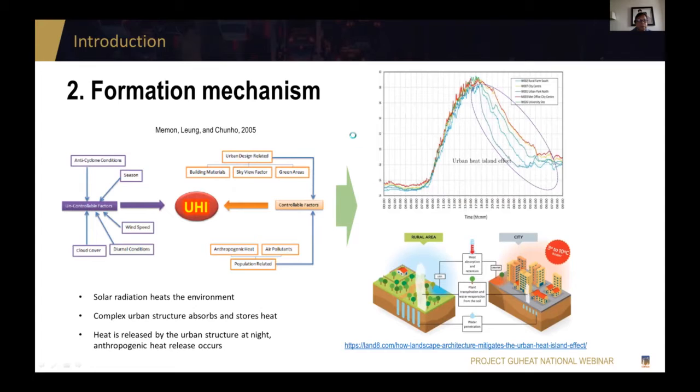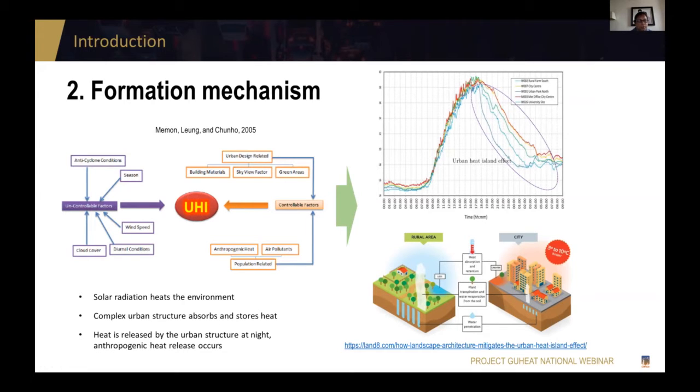So how does UHI come about? To answer that question, we first identify the factors that affect UHI. These factors can be categorized into controllable factors and uncontrollable factors.